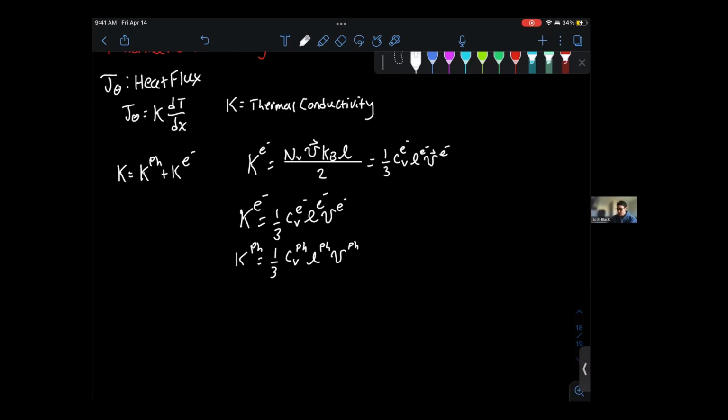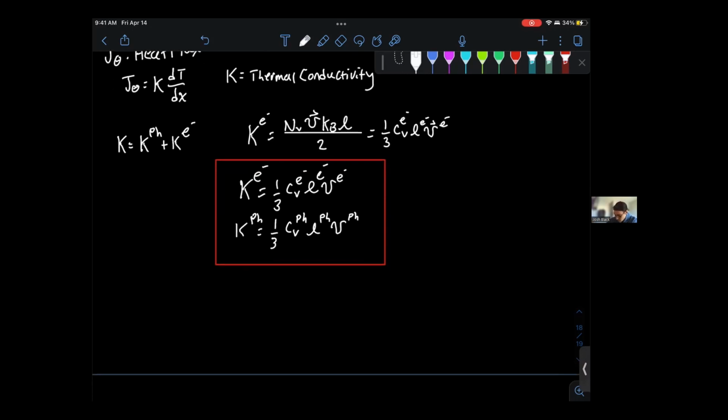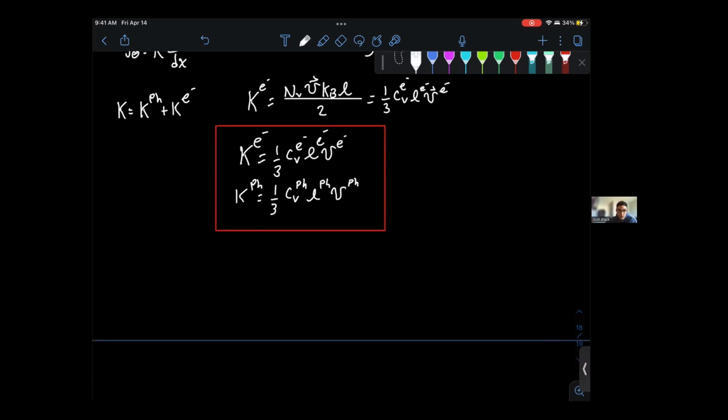Now, we're going to use the same quantum mechanical correction as before. Only the electrons close to the Fermi level can be used in thermal conduction. When we do this, we use our Pauli exclusion principle along with the quantum mechanical term for our specific heat capacity.